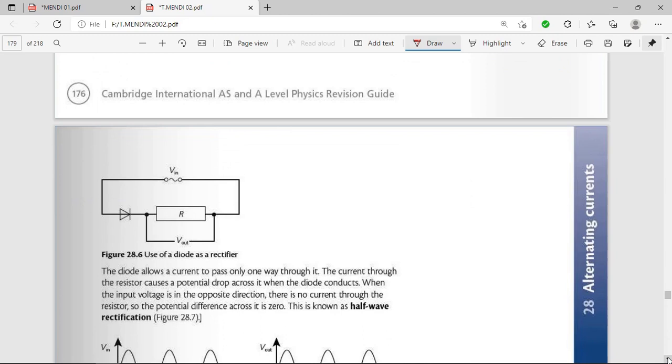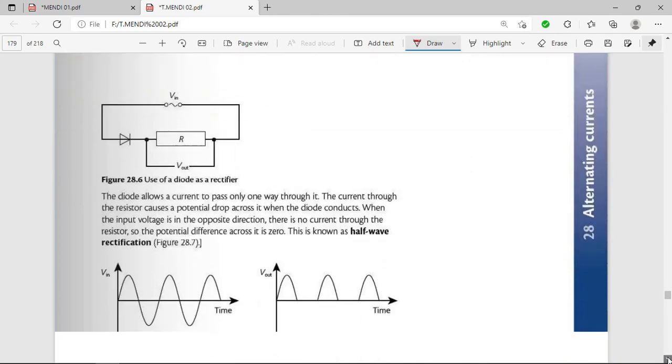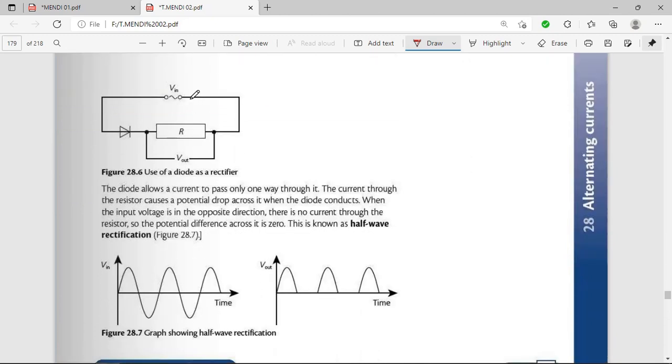So for the first one, we have a half-wave rectification. Here, this is the supply, and we have this diode, which always allows current to pass through in one direction. So if we are to take this V out here, firstly we have our AC going from positive to negative, backwards and downwards. But if you put a diode, we are going to have this half-wave rectification.